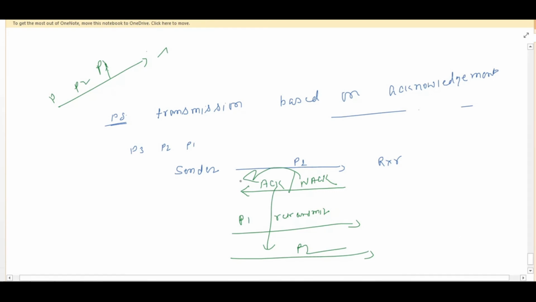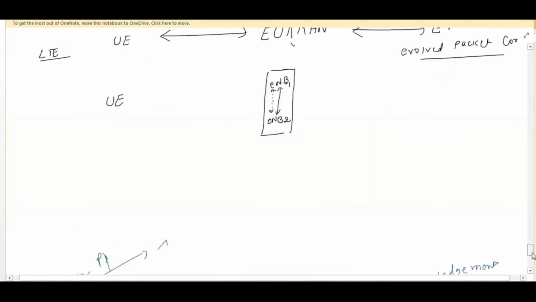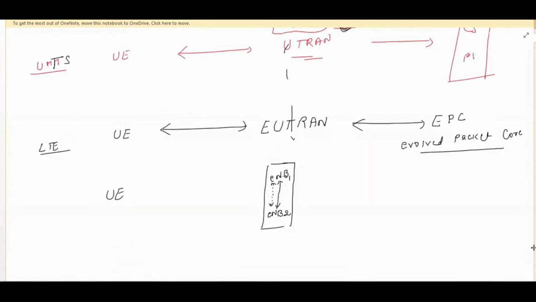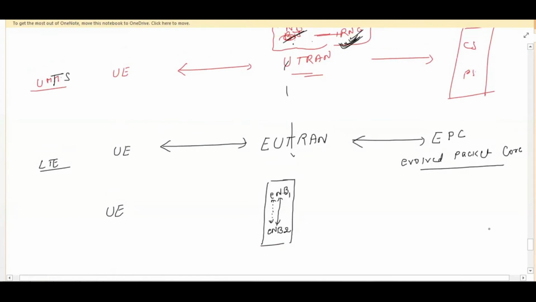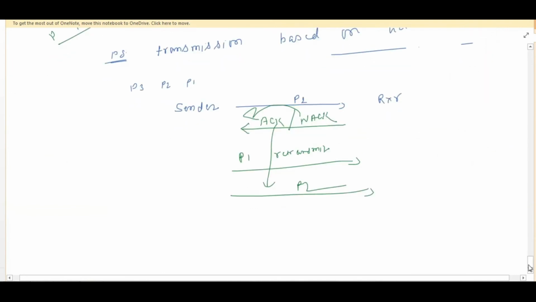But in PS service, for most services, acknowledgement is required. Now understand, LTE is offering higher speed than UMTS. Suppose LTE also had the RNC. Earlier in UMTS, in 3G, what was happening?